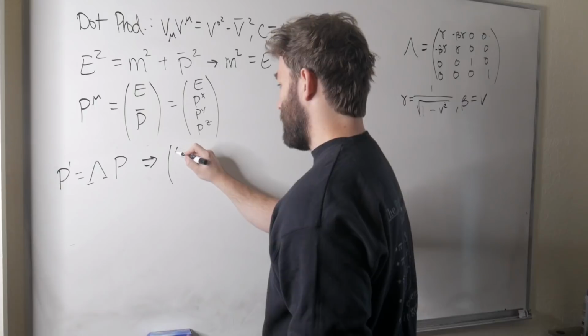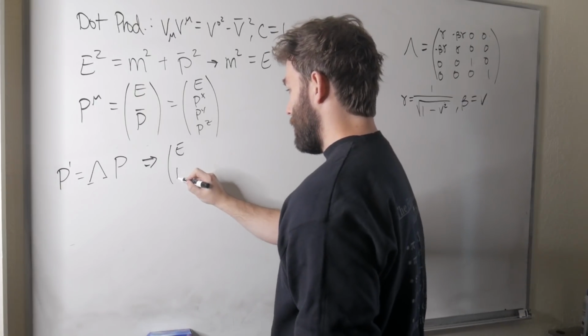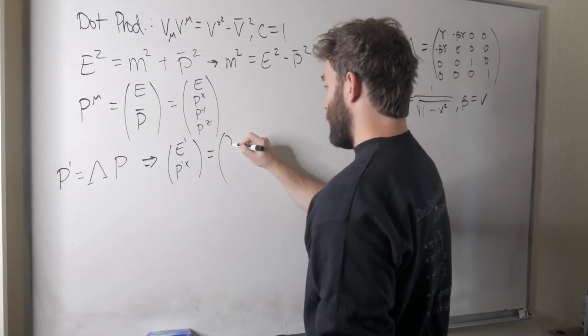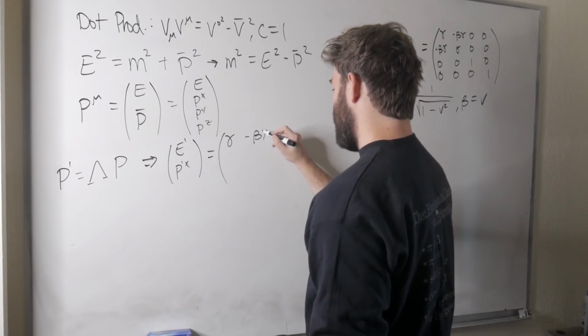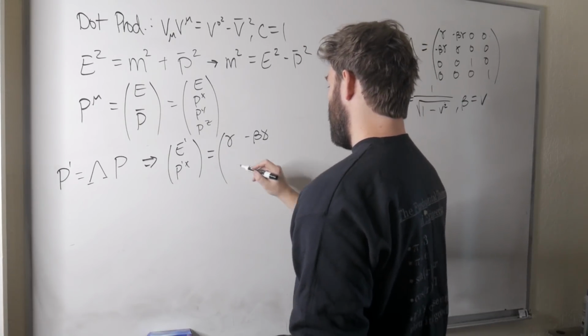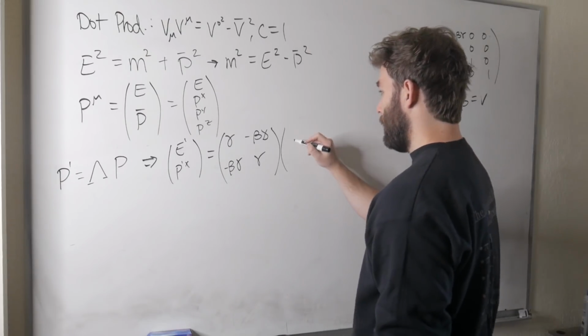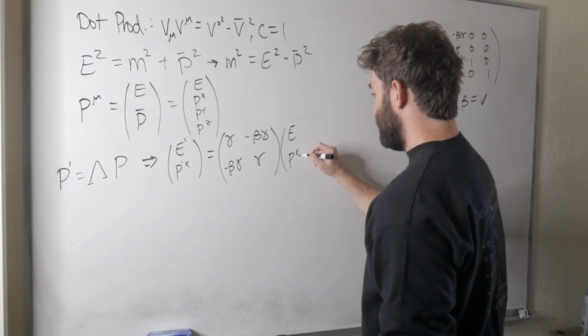So we have that the energy and p prime x, these are all primed, is equal to the Lorentz transformation, gamma, minus beta gamma, minus beta gamma and gamma, times E and px.